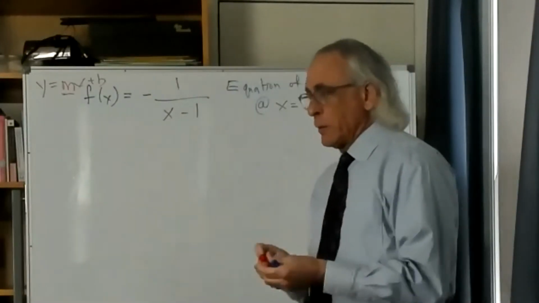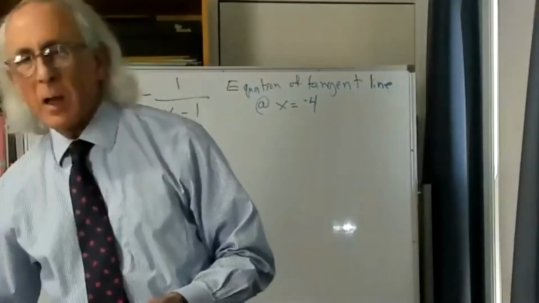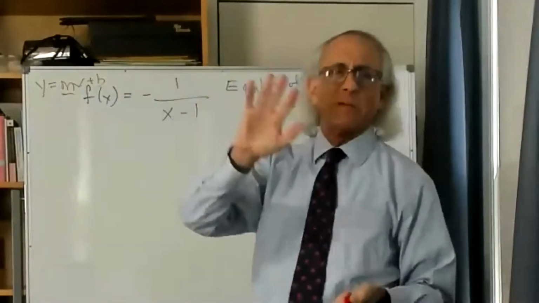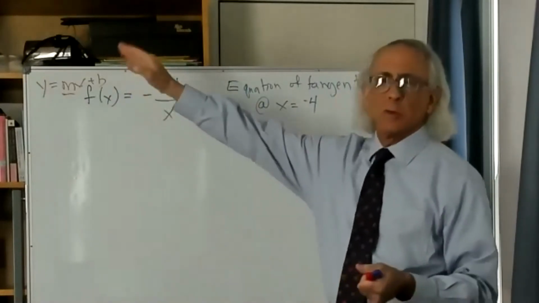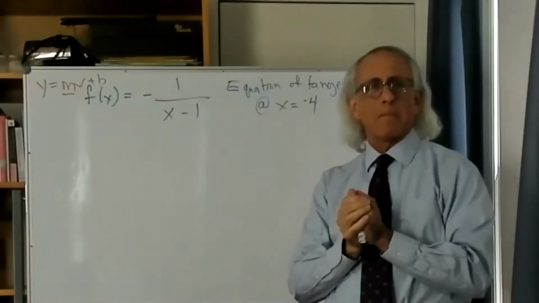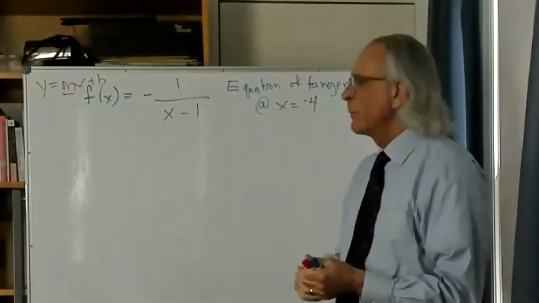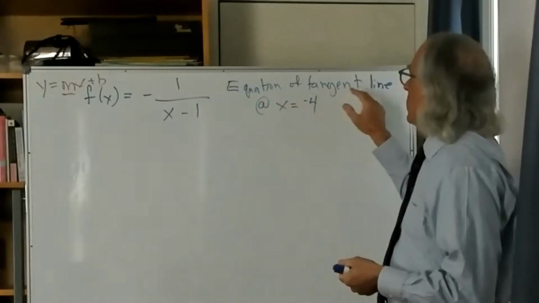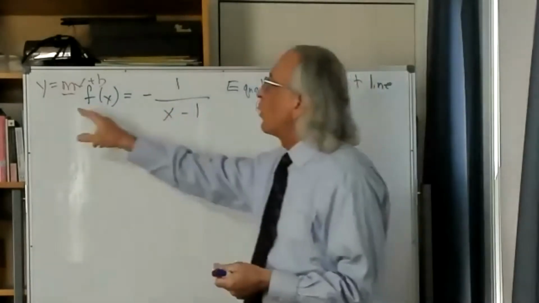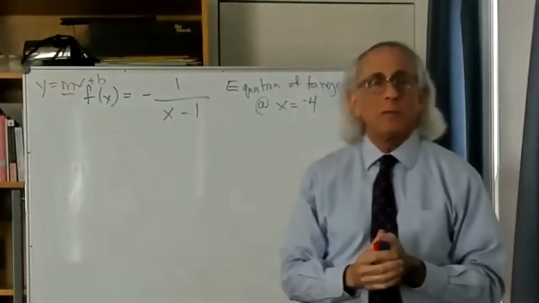So who remembers something about the slope? It's a vague question, but there's something involved with this problem that has to do with slope. You know what? That's a dumb question. Don't even answer that. If I'm going to find the equation of the tangent line, I'm going to have to know the slope.